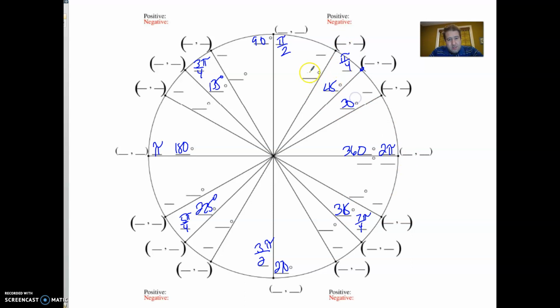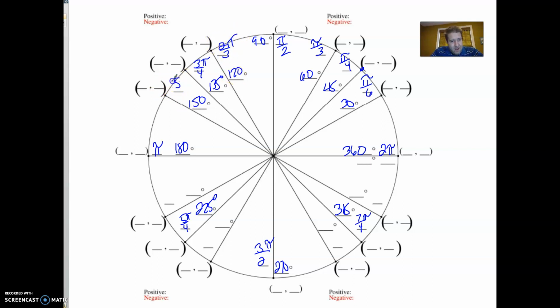Okay, so now I'm going to do the 30 degrees. So this is 30 degrees, this is 60 degrees, this is 90, this is 120, this is 150, this is 180. Every 30 degrees, as I mentioned during the warm-up, is pi over 6. So that's 1/6 pi. This is 2/6 pi, which is really pi over 3, because 2/6 is the same as 1/3. This is 3/6, this is 4/6 pi, which is really 2/3 pi.